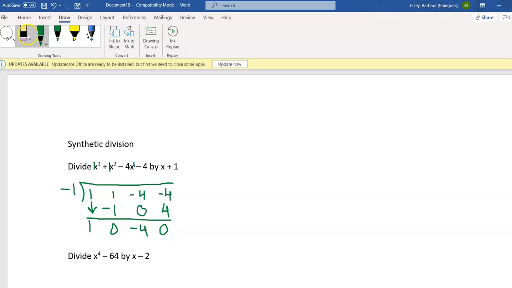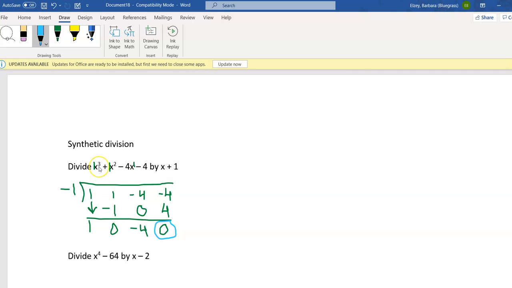If I get a 0 in this last column, it means there was no remainder and it went into it evenly. But when we're done, regardless of whether we have a remainder or not, we want to list our answer. Since I started with something to the third power, my answer is going to be 1 less in degree than what I started with.